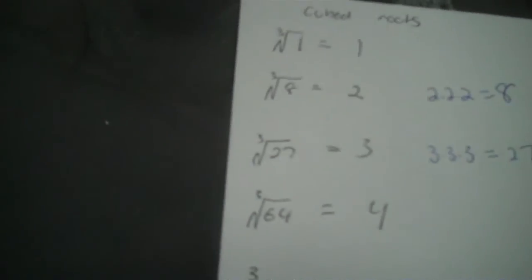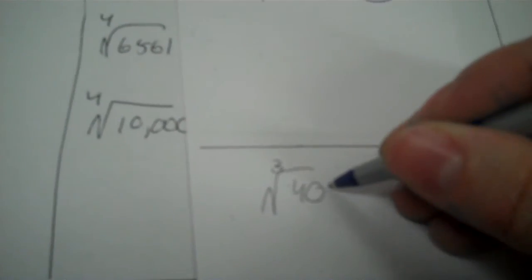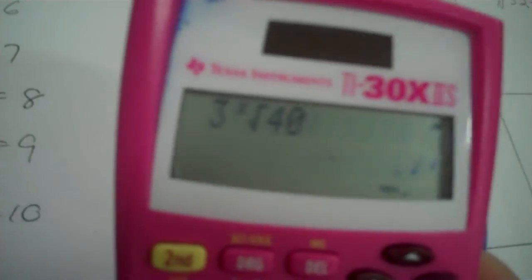Okay, so 40. So first off, before I divide, let's punch that in. So 3 second caret, or caret is upside down V, 40. Got a decimal, so I'm going to divide, and I'm going to rewrite it as 3, 3. So 40, I'd start 40 divided by 27.